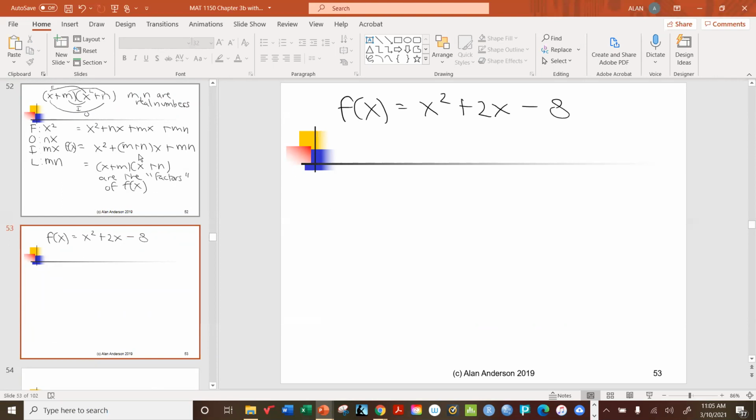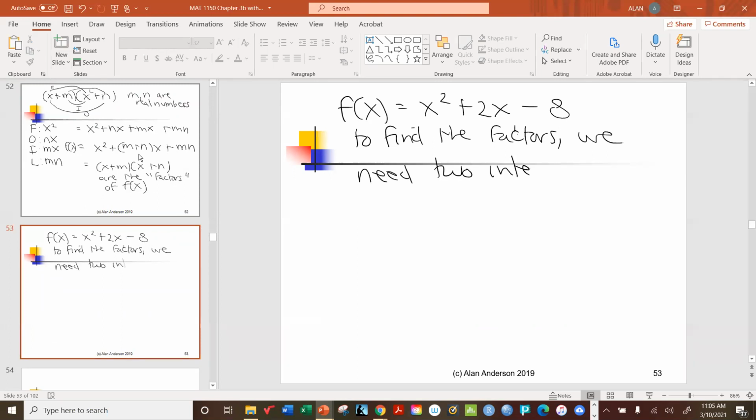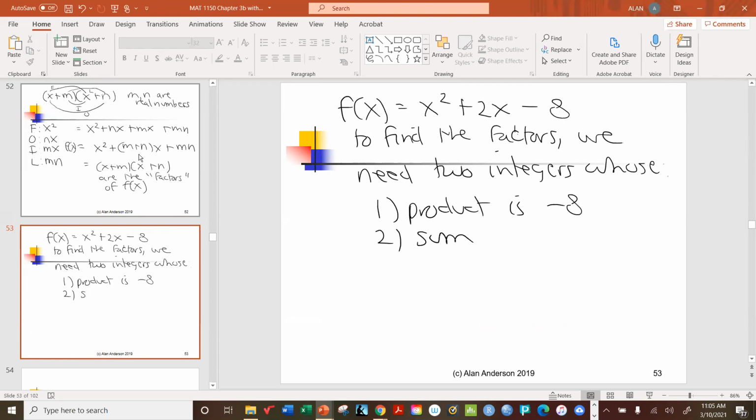To find the factors, we need two integers whose product is -8 and whose sum is 2.